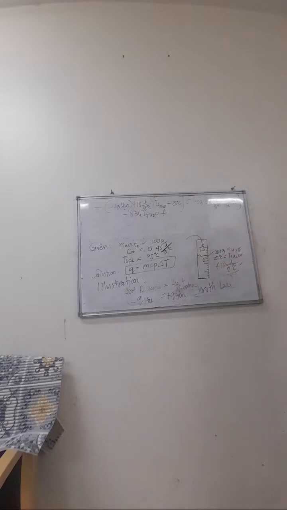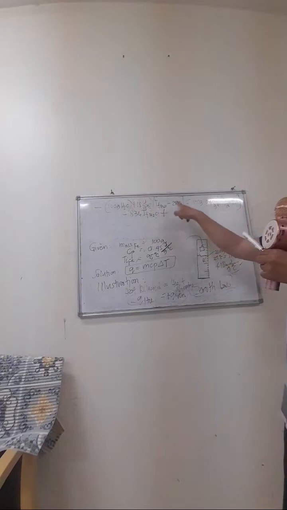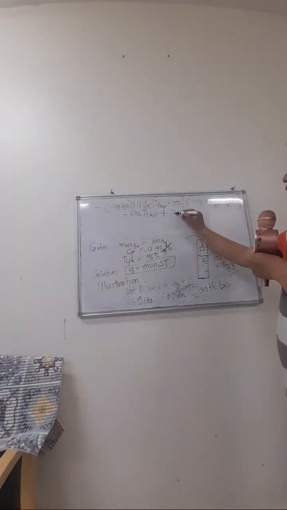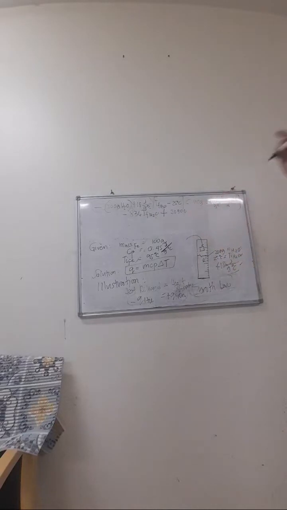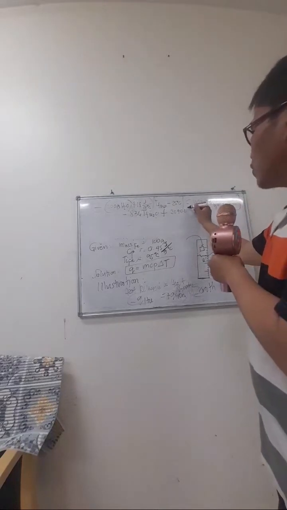Now, since this 836 is the product of the two, you simply multiply this value. 836 times 25 is 20,900. Take note of the units: degrees Celsius.